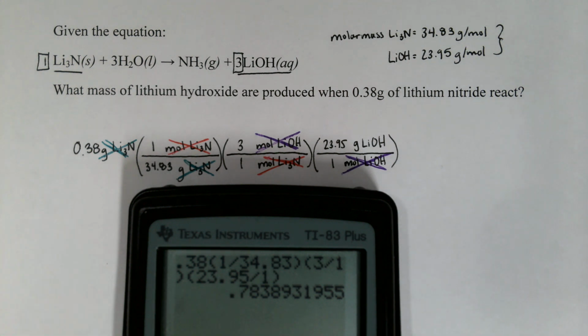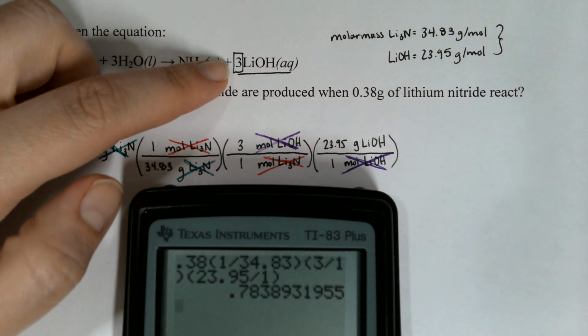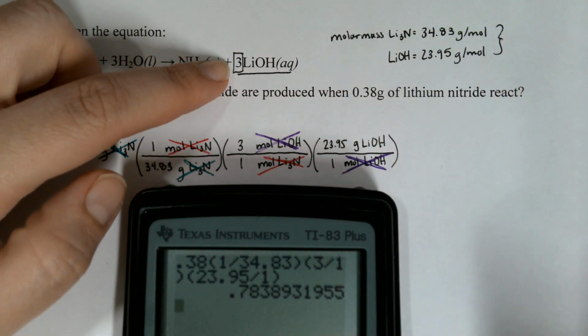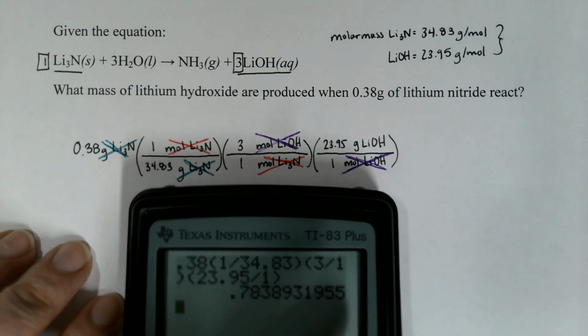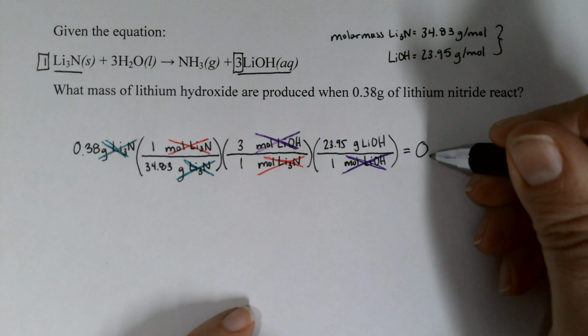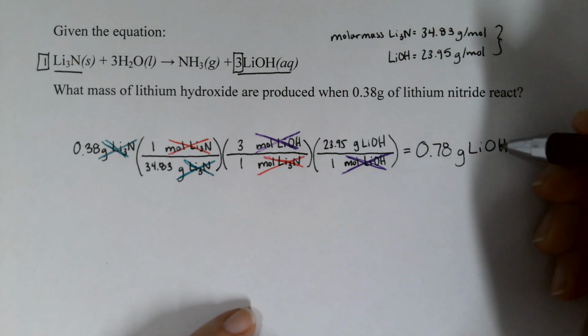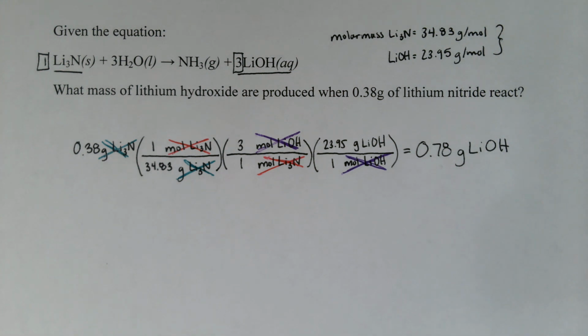So, 0.38 grams of lithium nitride will produce 0.78 grams of lithium hydroxide. So that is a mass-to-mass calculation.